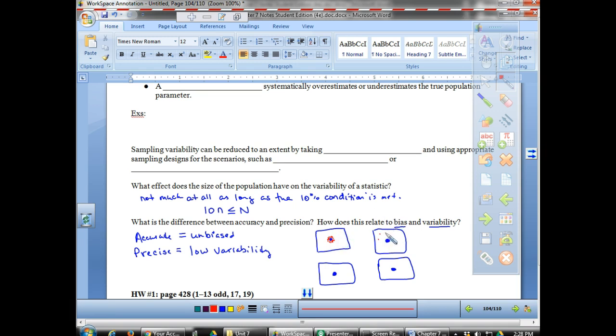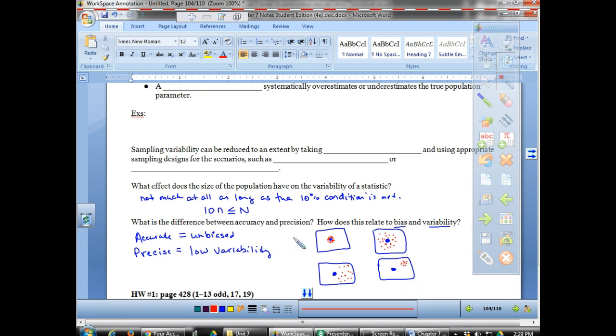Now, what if overall you average your estimates and it pretty much equals the true size of the population, but it's more varied? Okay, you can see that as well. And you might have a situation where your estimate is wrong and it's spread out as well. Or you could have a situation where your estimates are wrong, but they're consistent. Okay?